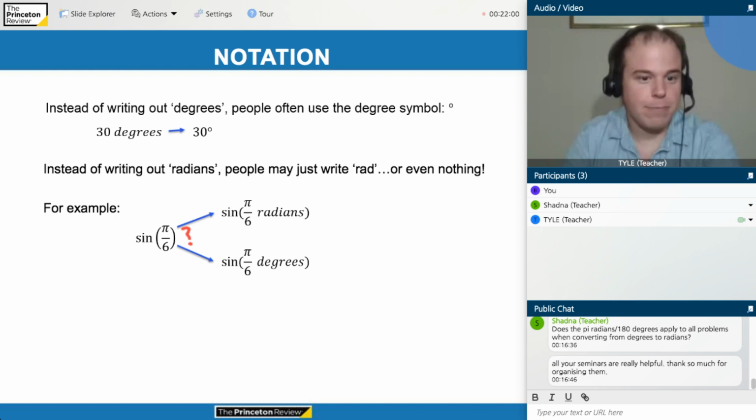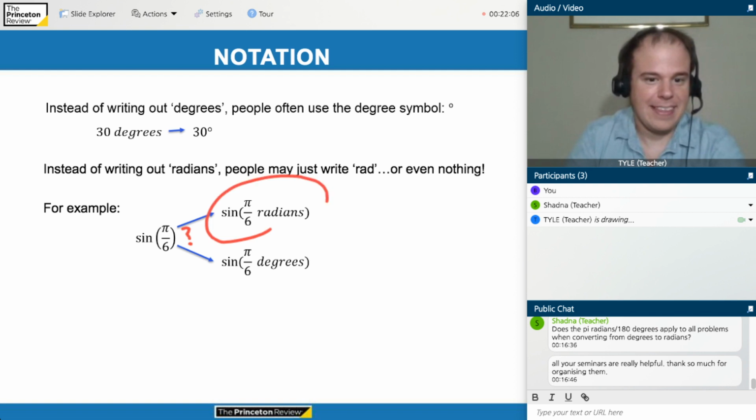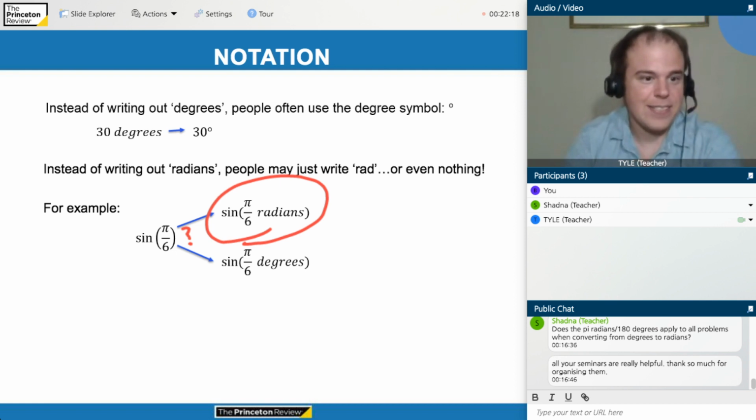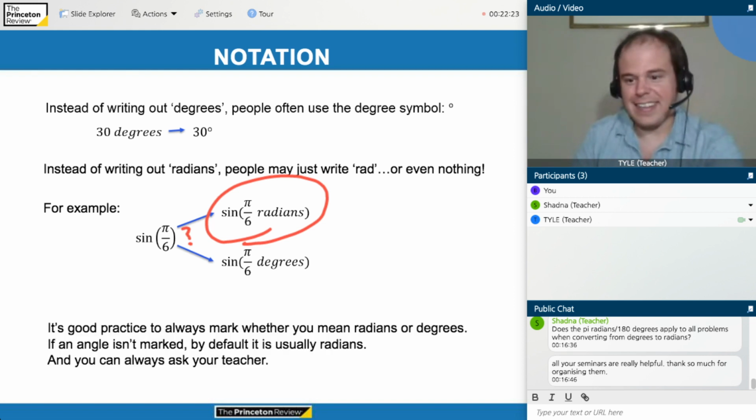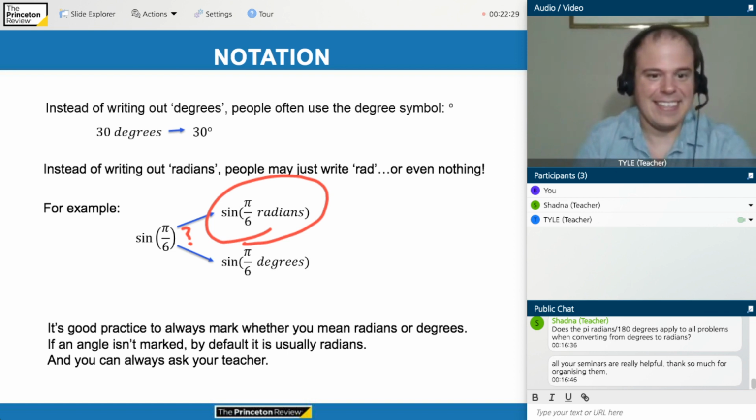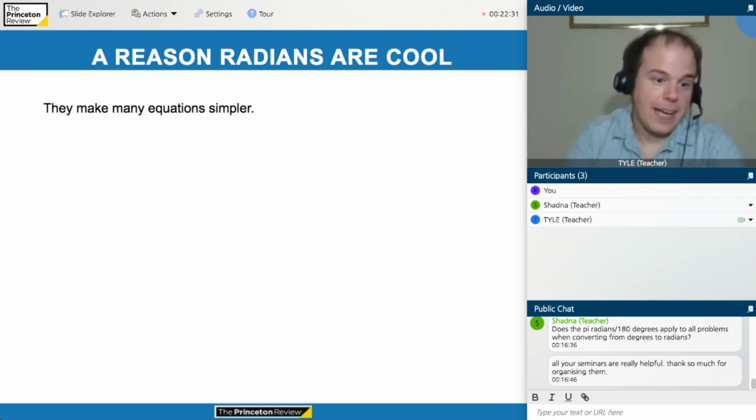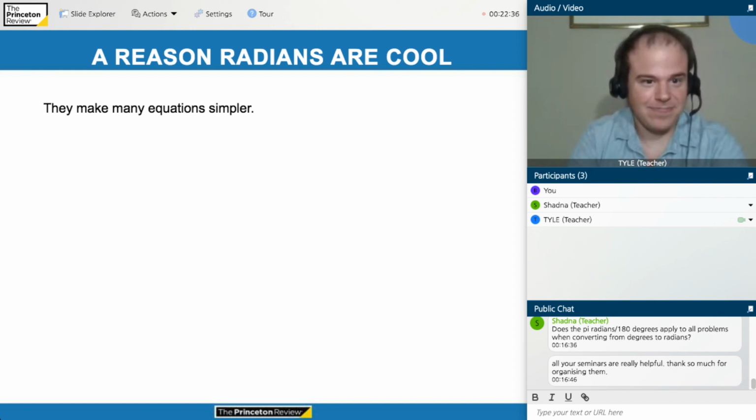Did the person who wrote sine of pi over 6 mean degrees or radians? They meant radians. If it's not written, you need to assume it means radians rather than degrees by default. But if you're not sure, you can always just ask your teacher. Another good rule of thumb is if there's a pi in it, it's likely to be radians. But again, if you're unsure, you can always just ask your teacher.